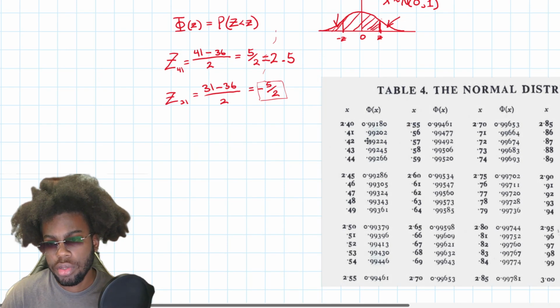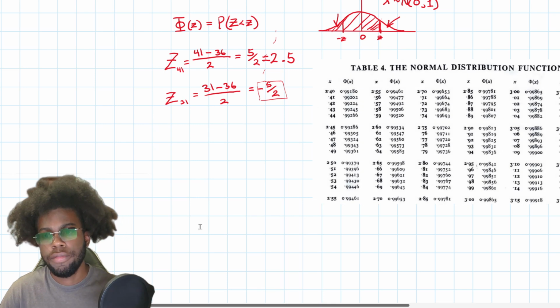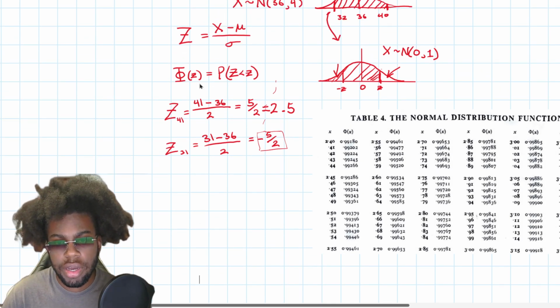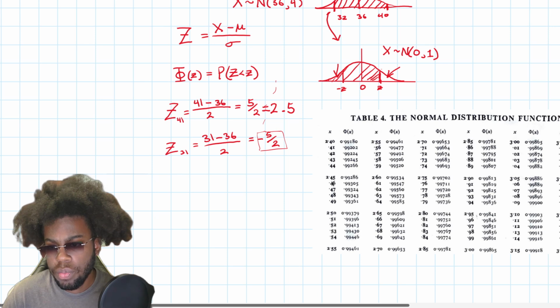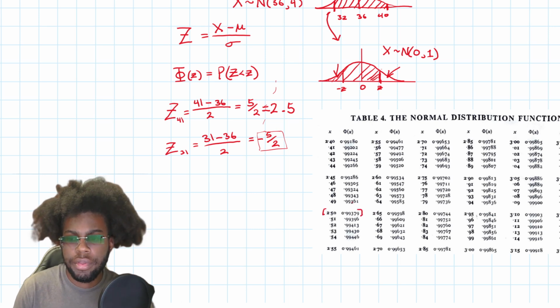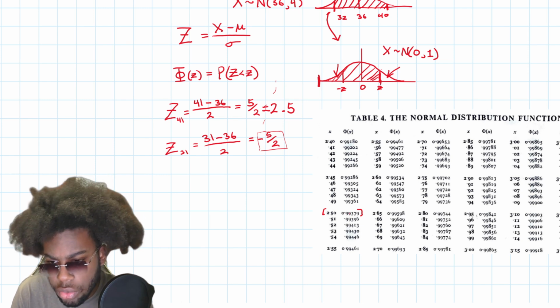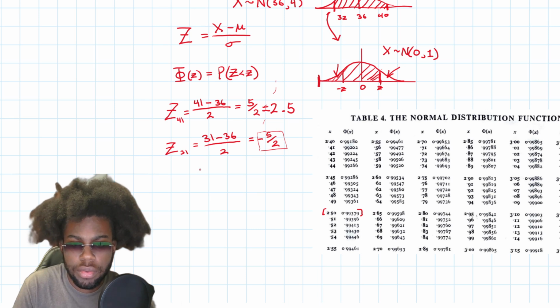Here's a small portion of the z table, right? We're looking for, as I said, we'll be getting back phi of z out of the table, right? So we're looking for the value 2.5. Here it is. It's right here. It's a nice round value. And we can see the value of the integral between, well, not 0 actually, between the leftmost bound and 2.5 is 0.99379, right?